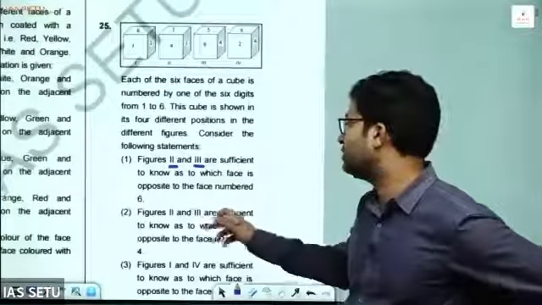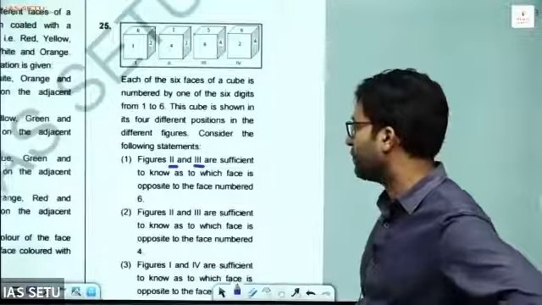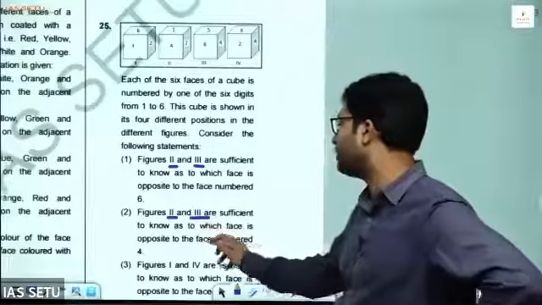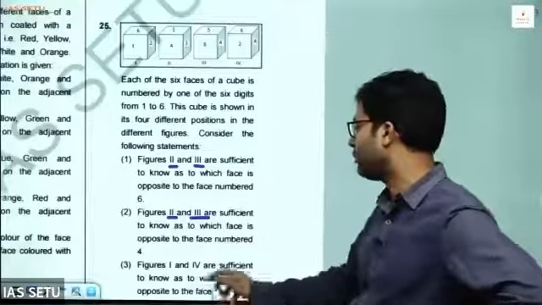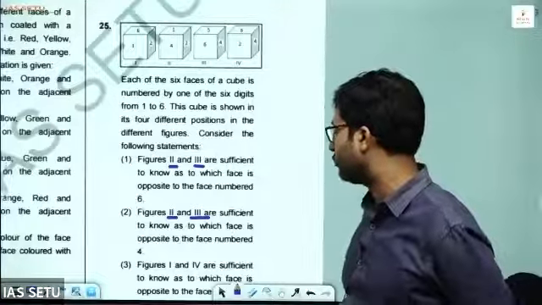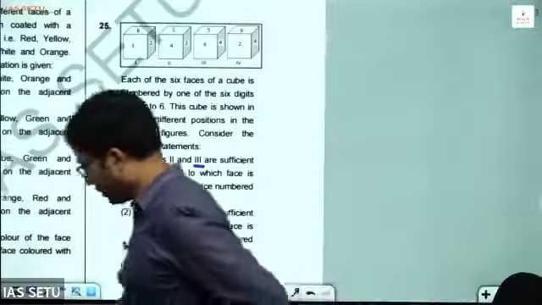Figure 2 and 3 are sufficient to know as to which face is opposite to face number 6. The next statement is, figure 2 and 3 are sufficient to know as to which face is opposite to face number 4. The next is, figure 1 and 4 are sufficient to know as to which face is opposite to face number 3.